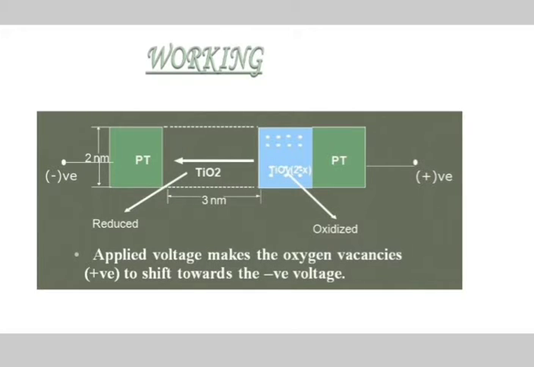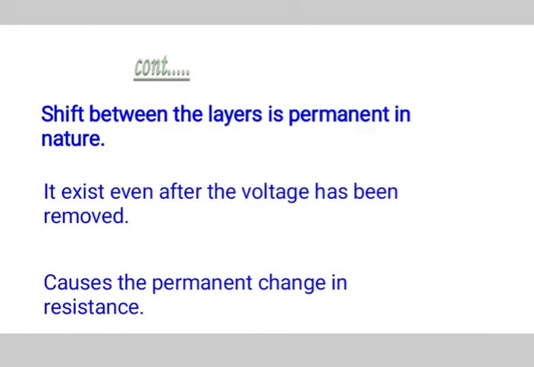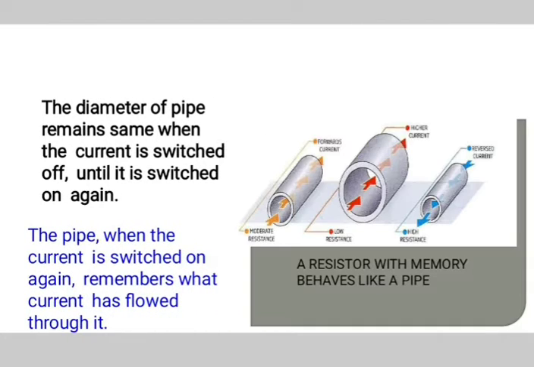Now here the working diagram for the memristor is given. So applied voltage makes the positive oxygen vacancies shift towards a negative voltage. Now the shift between the layers is permanent in nature and it exists even after the voltage has been removed, which causes a permanent change in resistance.